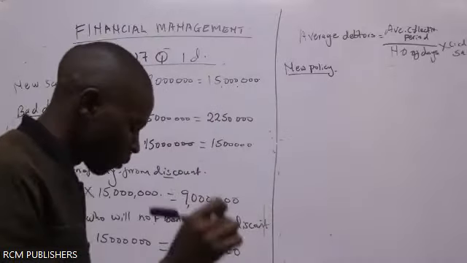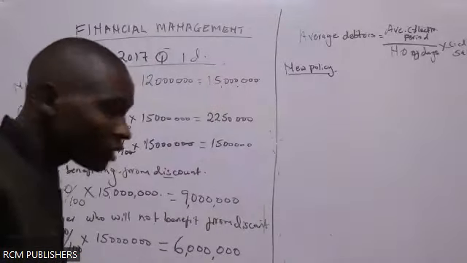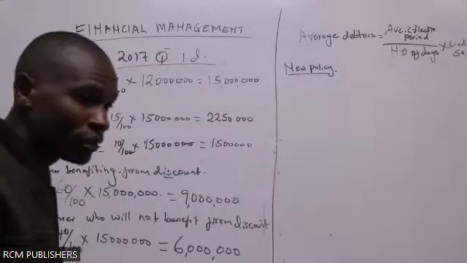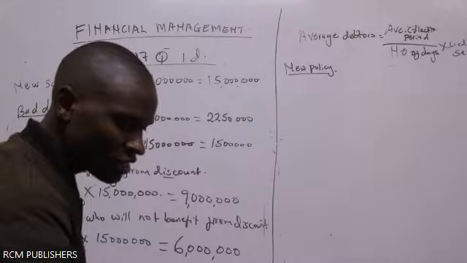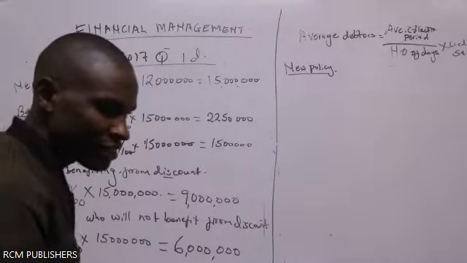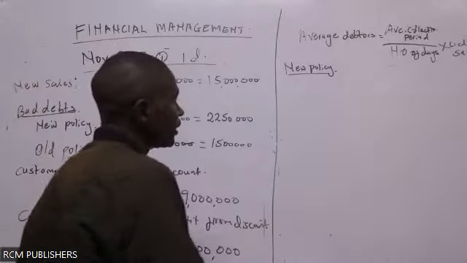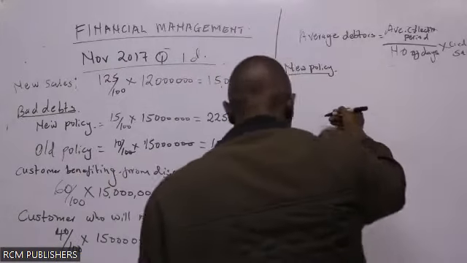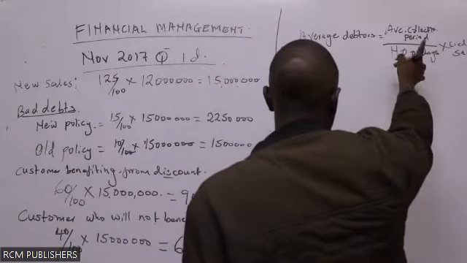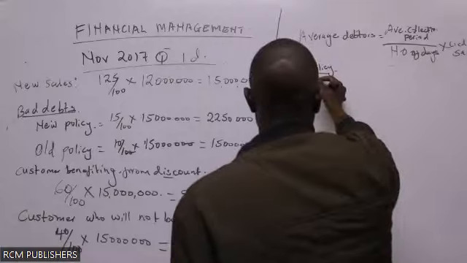So the discount will be 3, and the credit period is 10 days: whoever pays within 10 days gets the discount. 3/10. No, 10 is the collection period.